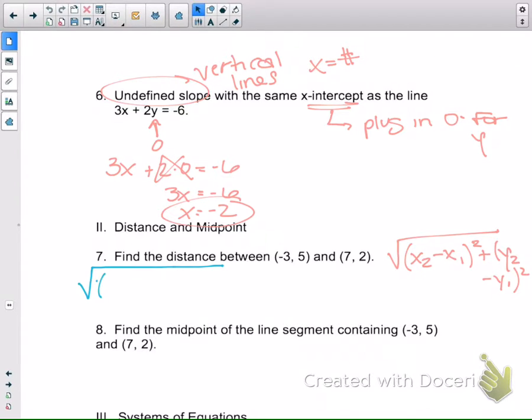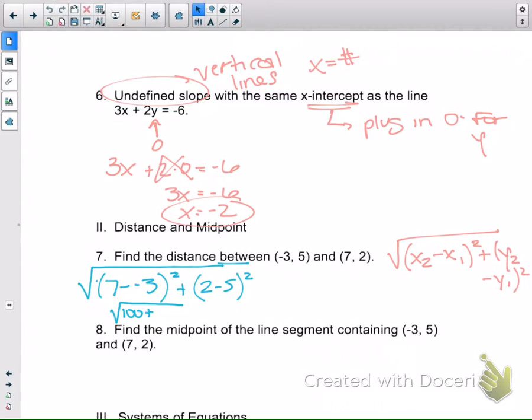So I would set this up as 7 minus -3 squared, bless you, plus 2 minus 5 squared. If I'm doing this by hand, I do 2 steps at once typically, because I know 7 minus -3 turns into 10. When I square 10, it gives me 100.